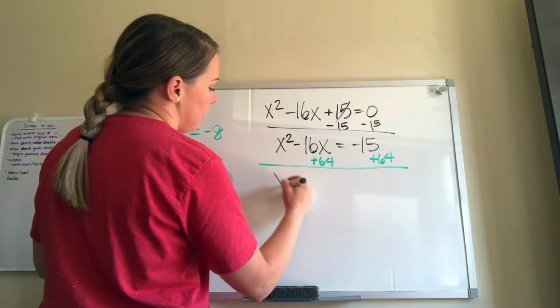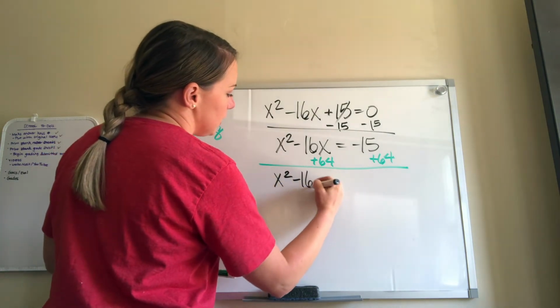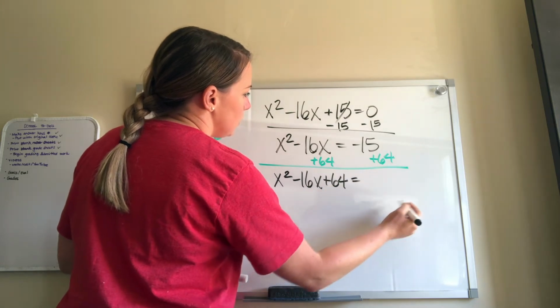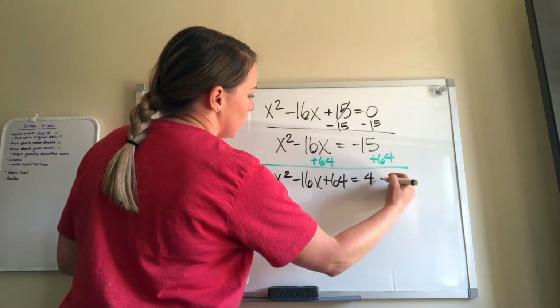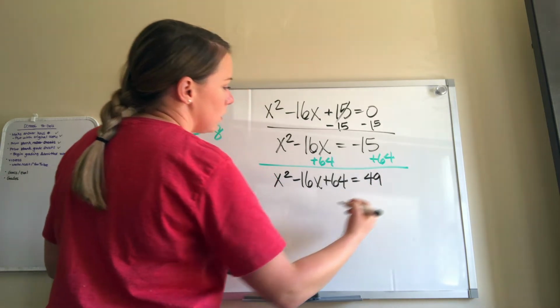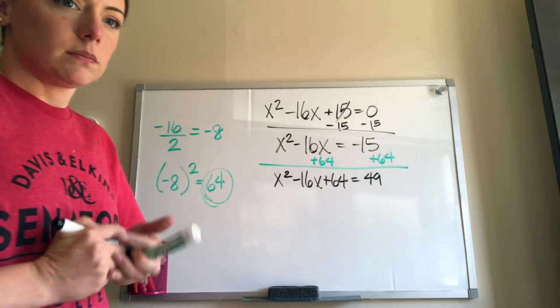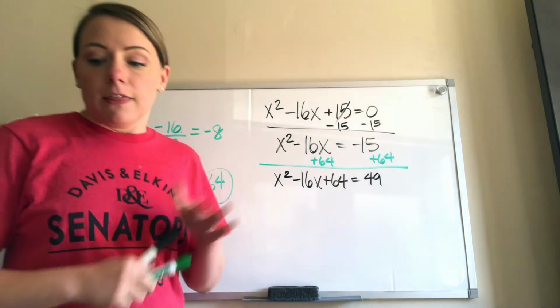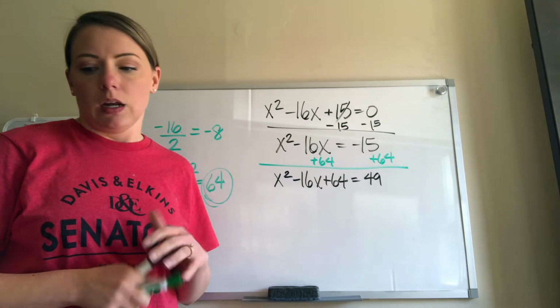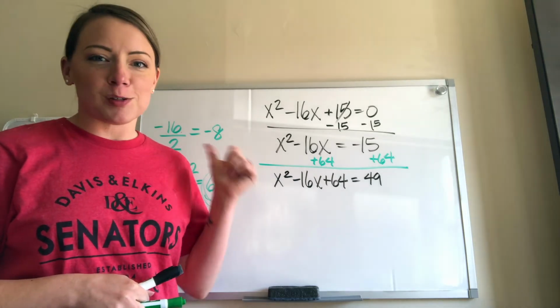Alright, so I would have x squared minus 16x plus 64 is equal to 49. Alright, then step 3 talks about factoring. We're going to factor the perfect square trinomial.